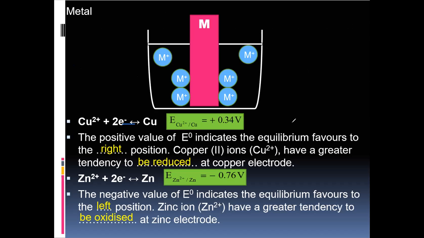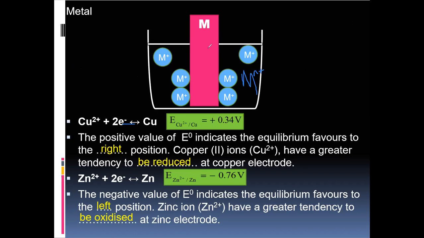Now, let's look at this. What we have here is an example of what was just explained. You can see this is our container carrying a solution M^n+. In this case, n is 1, that's why it is just M+.